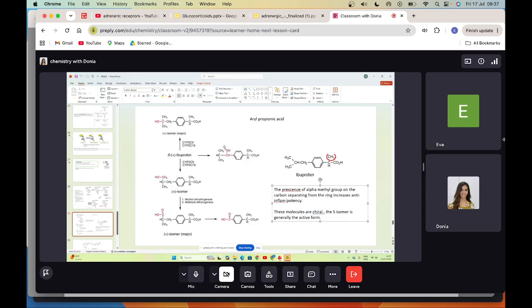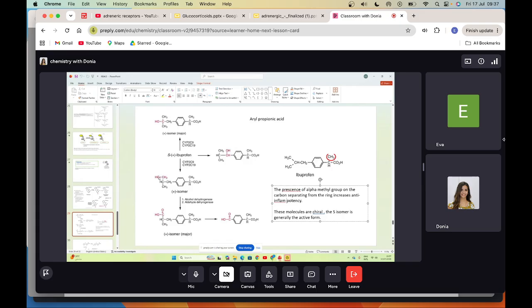For the alkyl chain, we have omega oxidation, adding OH on the terminal carbon, or omega minus 1 oxidation, adding OH on the carbon before the terminal. So this is the benzylic oxidation, this is omega minus 1, and this is omega oxidation.